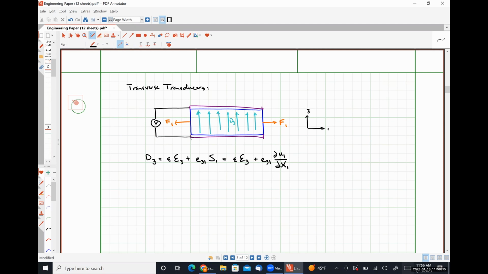Oh, and I did not define my boundaries. We're going to call this negative L over 2 and this positive L over 2. I apologize for that.